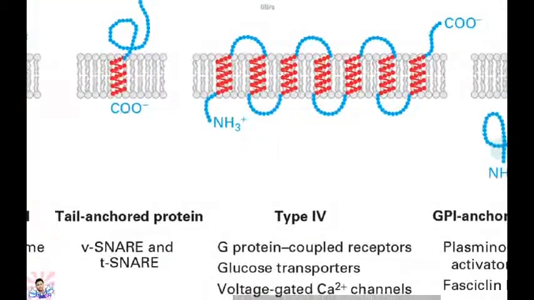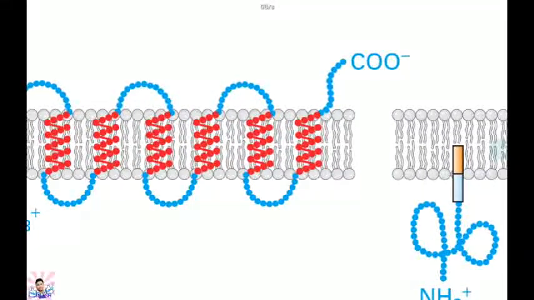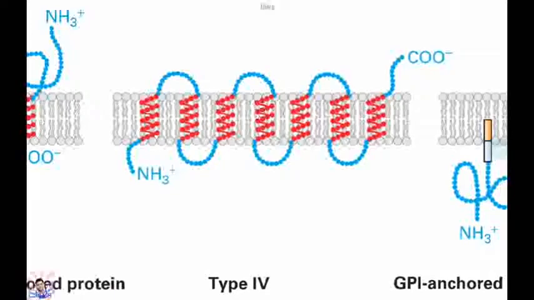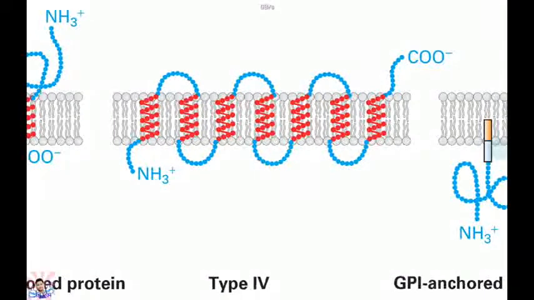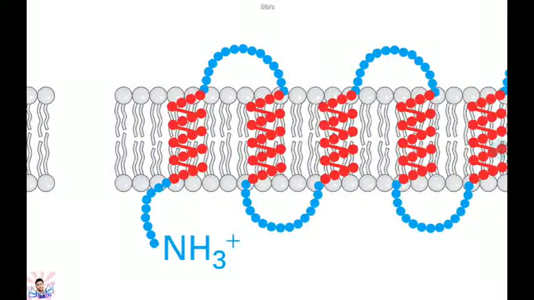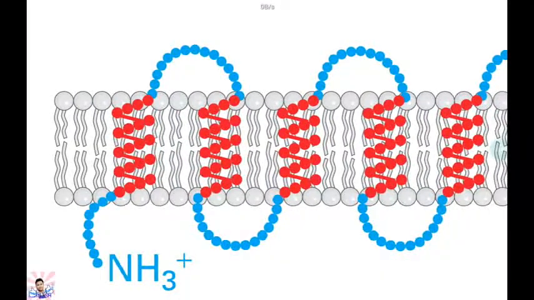In the case of type 4, you can find the carboxyl terminal towards the cytosolic region, and the amino terminal towards the endoplasmic reticulum lumen side. It is similar to type 1, but different in that it has multiple transmembrane, multi-pass transmembrane segments. The important thing here is that it possesses alternating stop transfer anchor sequences and signal anchor sequences.